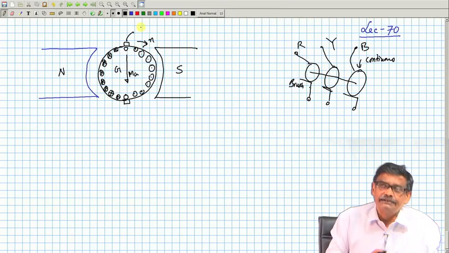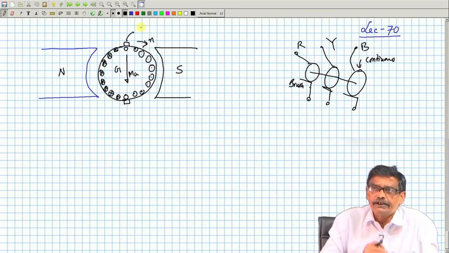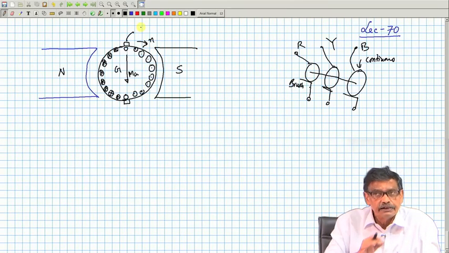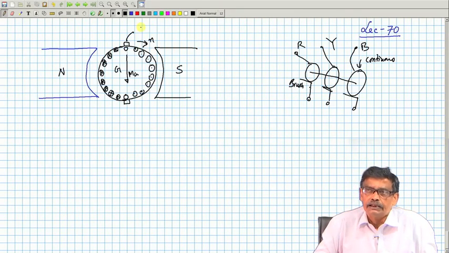Now, another interesting thing I will tell. We have now learned the ill effects of armature reaction in generator mode. Now, suppose I want to say a large machine, armature reaction will be quite heavy, is it not?